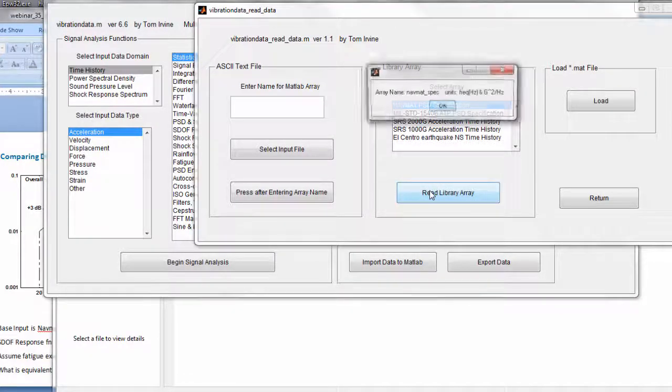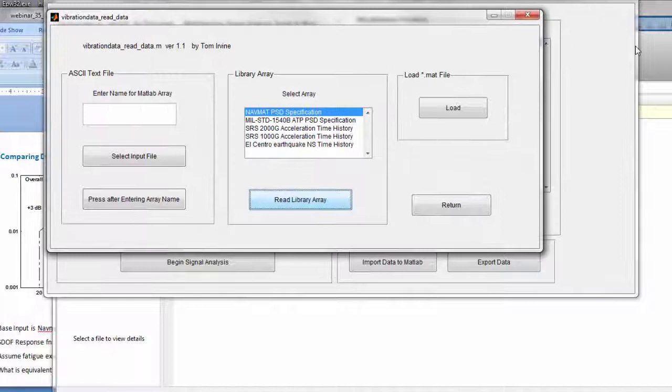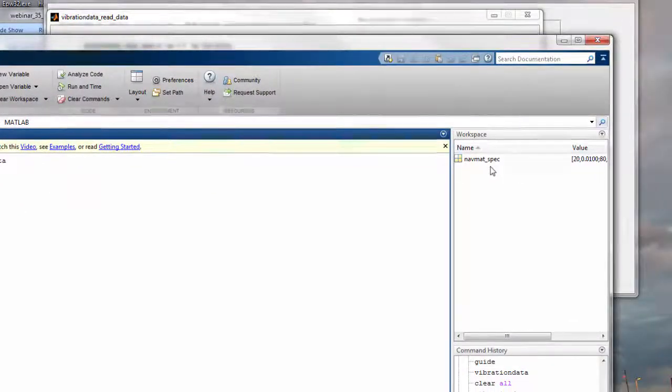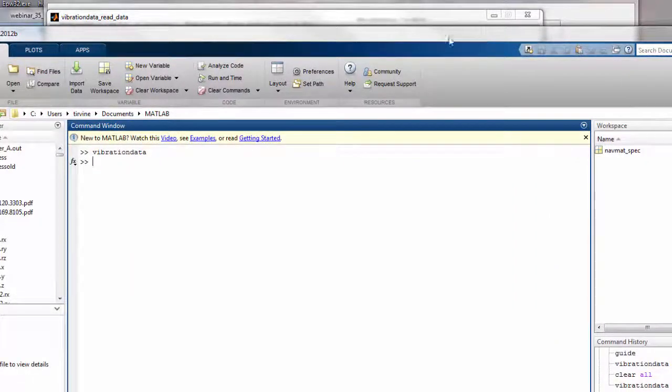So let's just go ahead and read that in. So that's going to have two columns, frequency in hertz and the acceleration G squared per hertz. And inside the MATLAB workspace, that will be called navmat_spec. So now, if I move this over, you can see we have navmat_spec in our workspace.